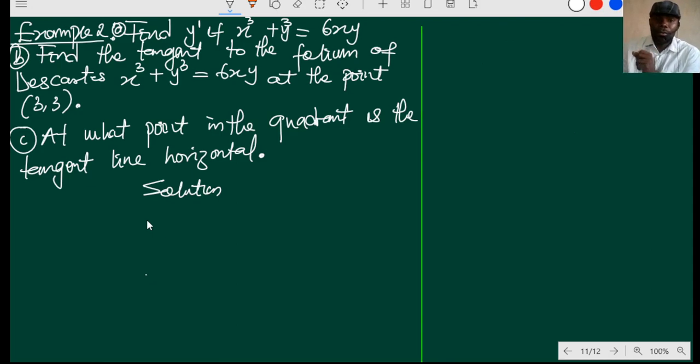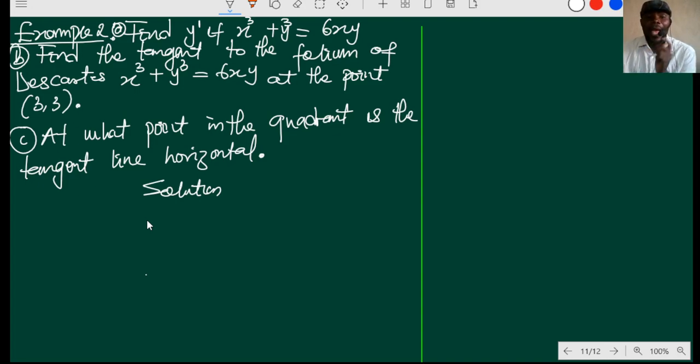In this example 2, part A says find the derivative of y if x cubed plus y cubed is equal to 6xy. That is the first question.